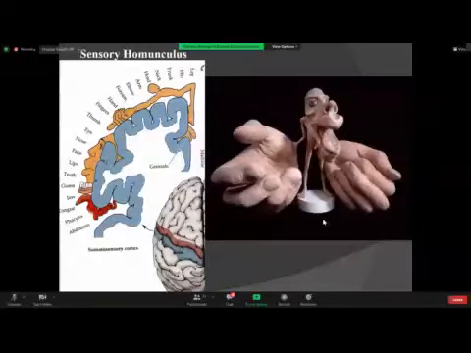Now, this is how the homunculus of the sensory area looks like. It is very similar to the aspect that you see in the motor cortex, but you see that a lot of area is still being given to the hands and the face, but the gums and the teeth are what really spring out in this one.